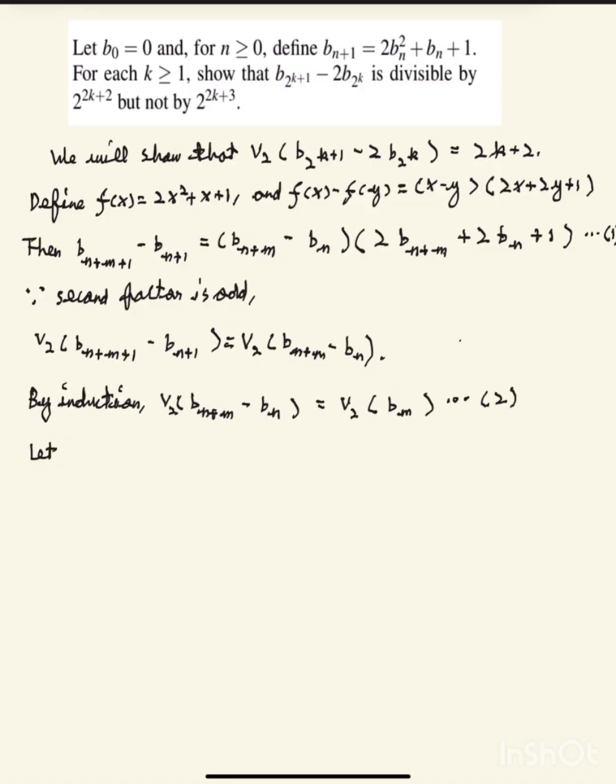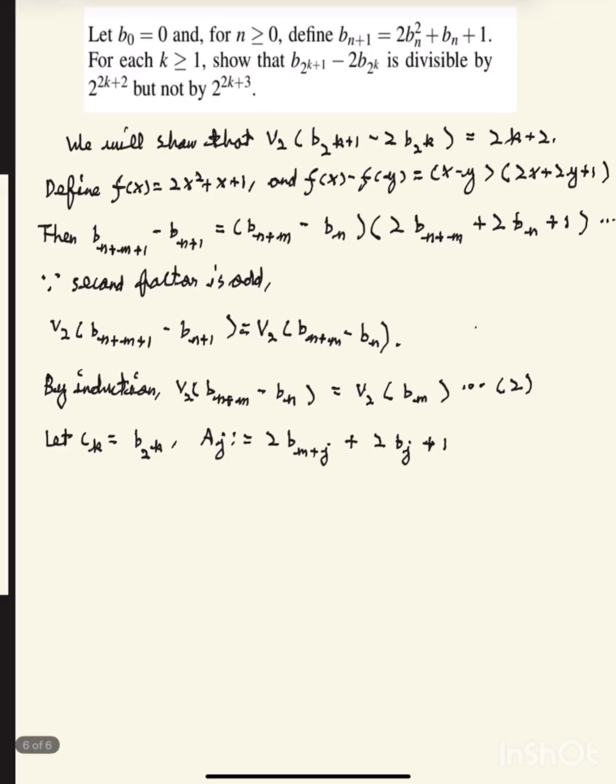For brevity, we will write c_k as b_{2^k}, and a_j we will define as 2b_{m+j} plus 2b_j plus 1.